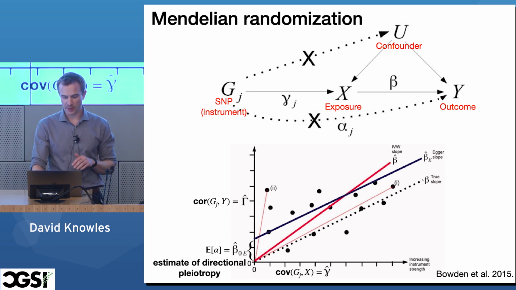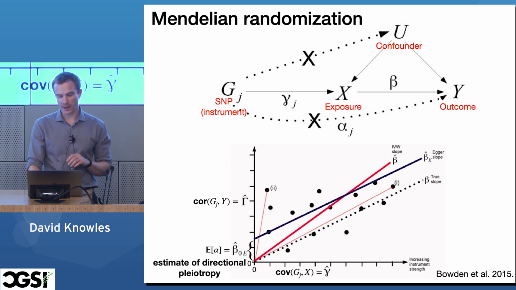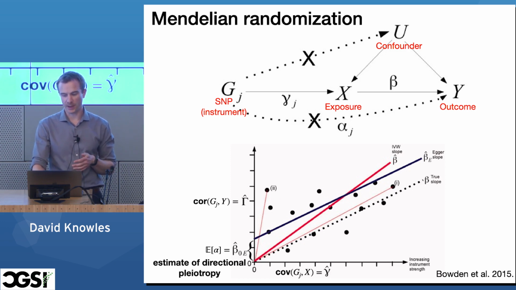What Egger regression does is fit a linear regression through these points. It turns out that the slope of that linear regression ends up being an estimate of beta, the causal effect. And the intercept ends up being an estimate of the mean of these alphas, so these other paths from the SNP to the outcome.